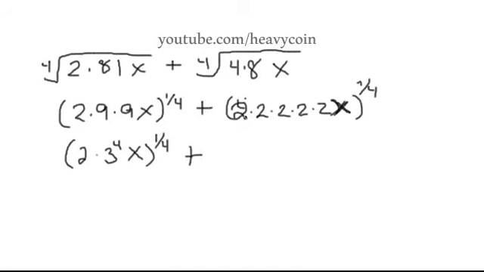Plus, now we're going to take 4 of these 2's and we'll have to leave one of them here. So this is going to be 2 to the 4th times 2 times x. And the reason we're doing 4 here is because we've got our exponent, it's all raised to the 1/4 power, and we know that when we multiply 1/4 times 4 we're going to get 1.